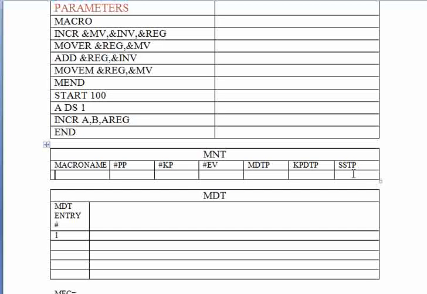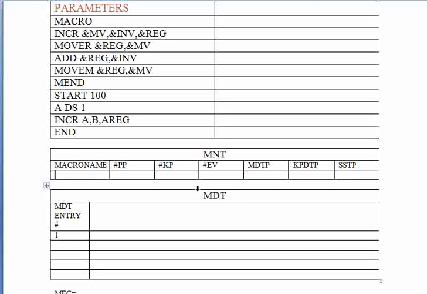This is a simple example for only positional parameters, so most of the values for #kp and #ev will be 0. Even KPDTP and SSTP will be 0 because there are no keyword parameters, nor any expansion time variables. There is a single MNT created for all the macros in our program.